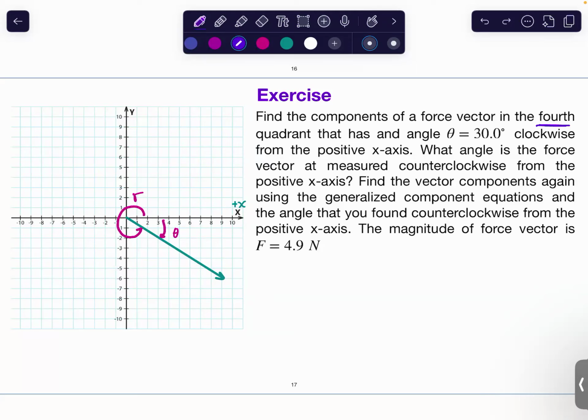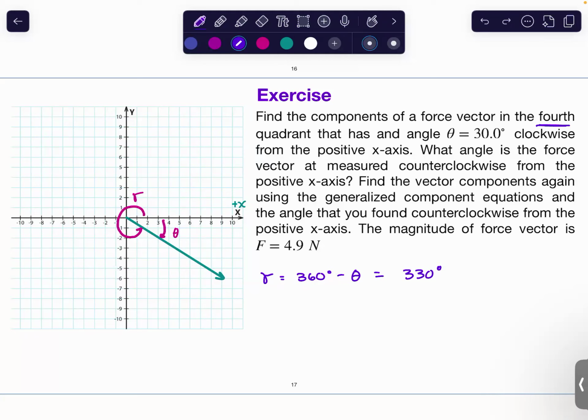How do we find gamma? 360 minus theta, 360 minus 30, and that gives you 330 degrees. If I went all the way around, that's 360, but I stopped at the vector, which takes a chunk of theta out of that 360 degrees. So it has to be 360 minus theta.